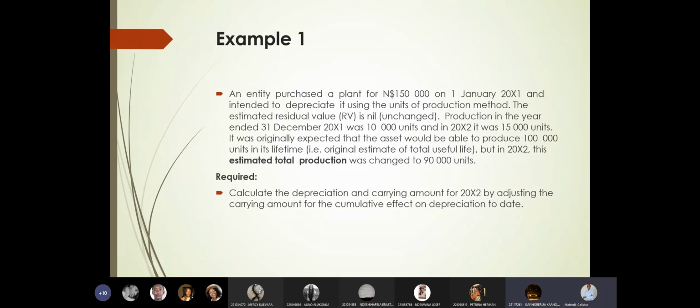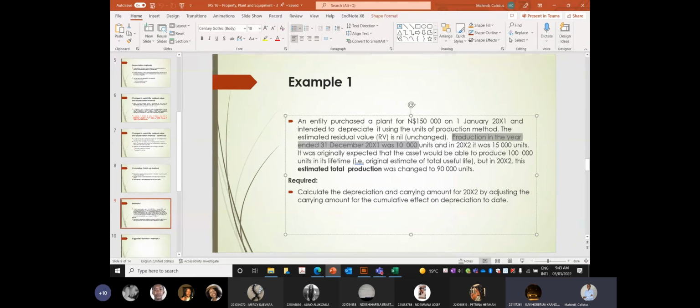And then we're told that production in the year ended 31 December 20x1 was 10,000 units. So if in total the asset is expected to produce 100,000 units, and it has already produced 10,000 units by the end of 31 December 20x1, how many units can the asset produce over its remaining useful life?